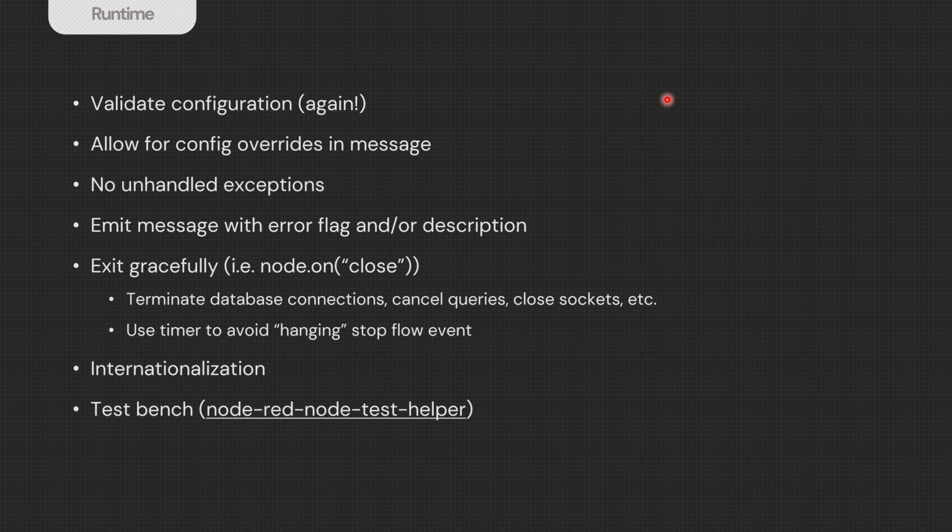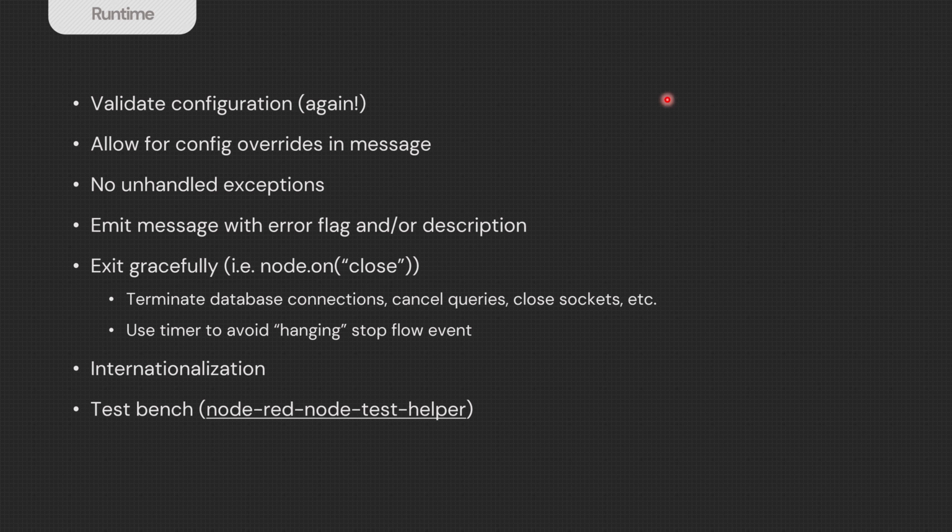The fourth one, this is something I like. I know that not all nodes, all connectors do this, but if there's an error in the connector, and it doesn't have to be a business logic error, for example if you are performing a query in the database and for some reason that query did not succeed, I like to not use node warn or node error, but essentially emit a message out of the connector with an error flag, a message property that is either Boolean or has an error message when there is an error.